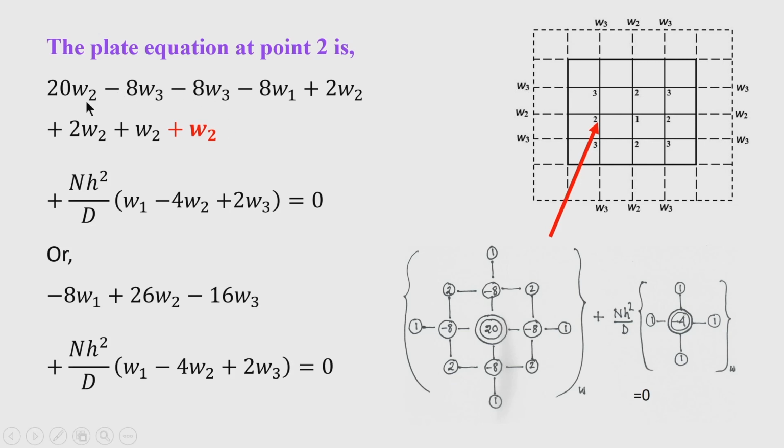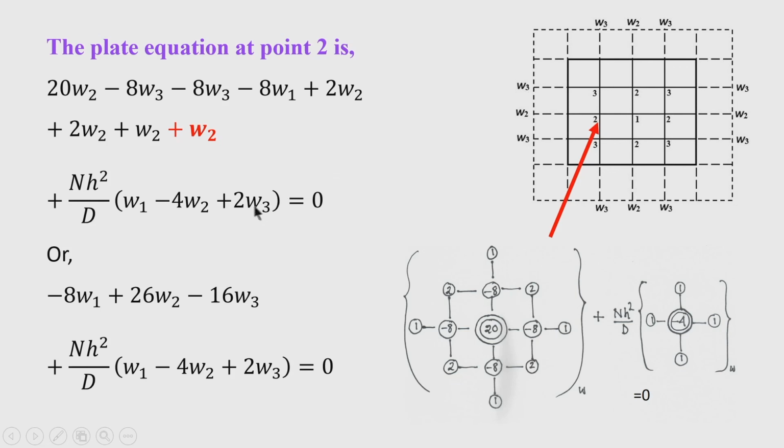So, the plate equation is now written like that: 20 W2 minus 8 W3 minus 8 W3 minus 8 W1 plus 2 W2 plus 2 W2 plus 2 W2, and this W2 is coming due to the imaginary point. And now the buckling part is written, because this node is now placed here, this node is placed here.